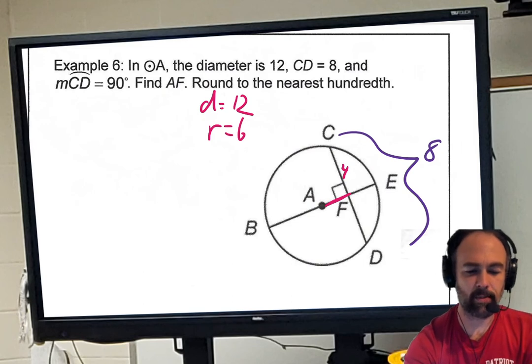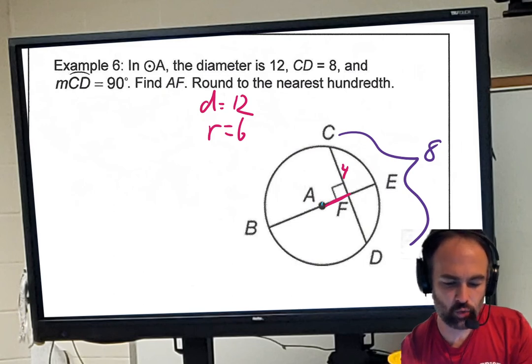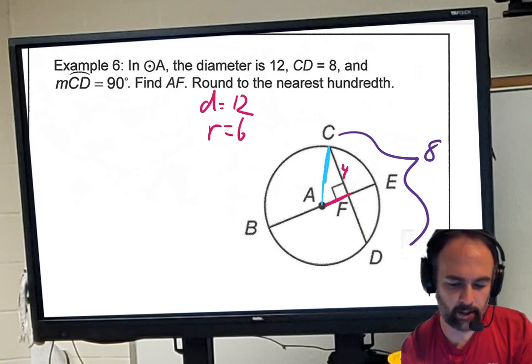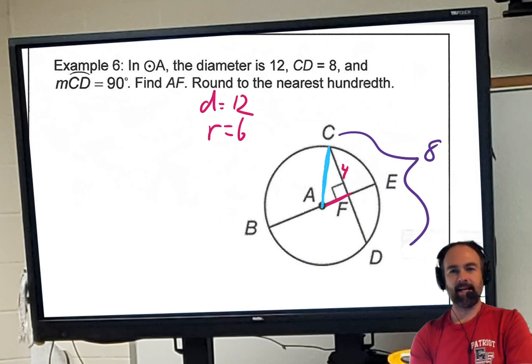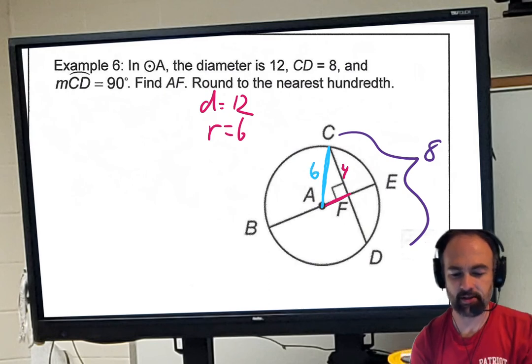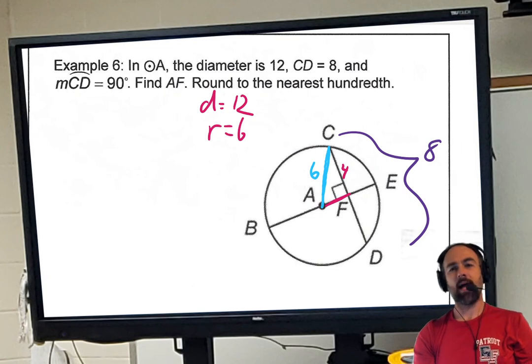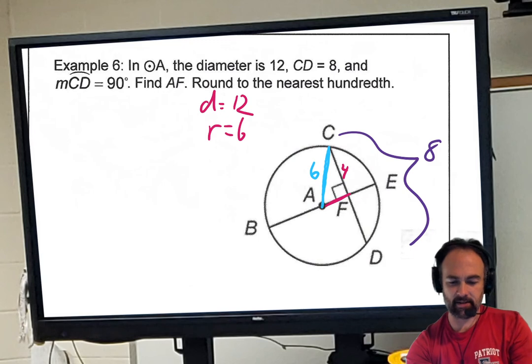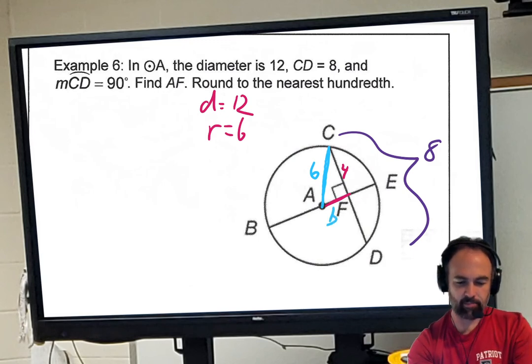So here's what I'm going to do to make this work out. I am going to draw another radius from A to C. Now, I can draw any radius I want in the circle. Every single one of them is going to have the same distance. In this case, the distance is 6. So now I can do the Pythagorean Theorem to find this distance I've listed in pink here from A to F. That's going to be my b value.